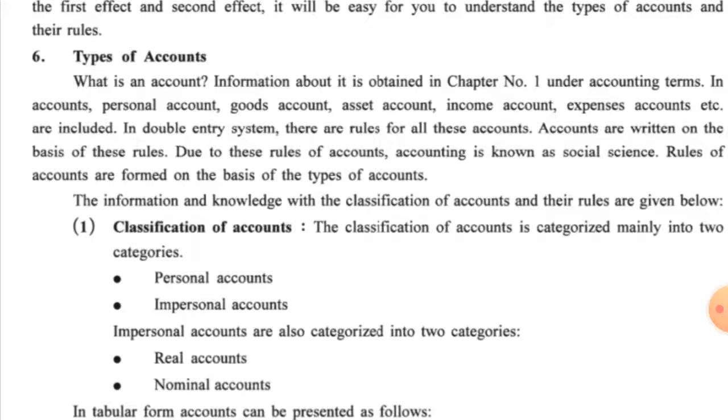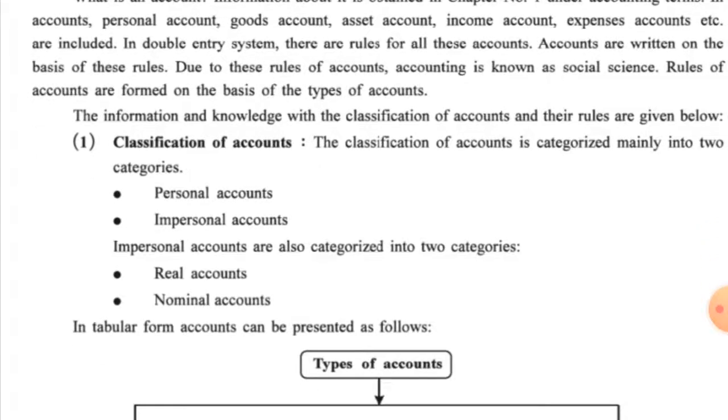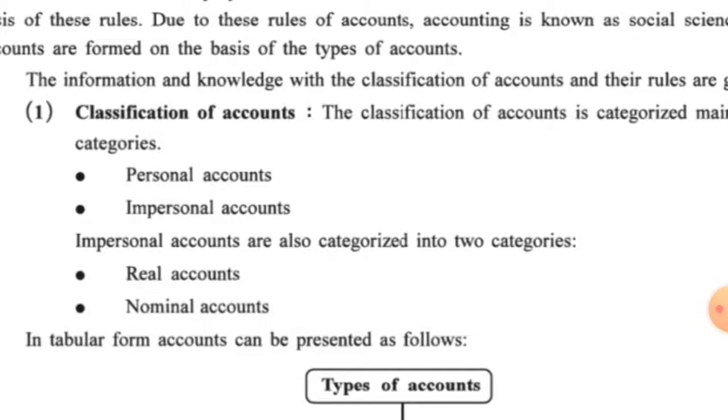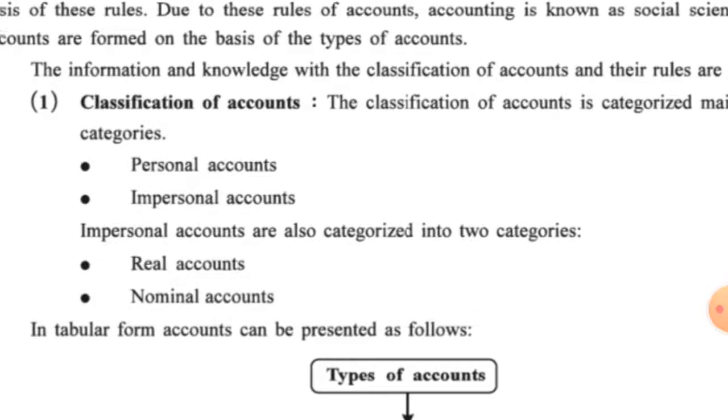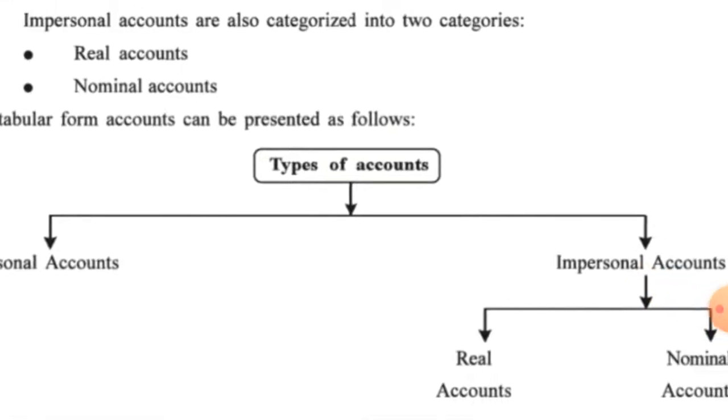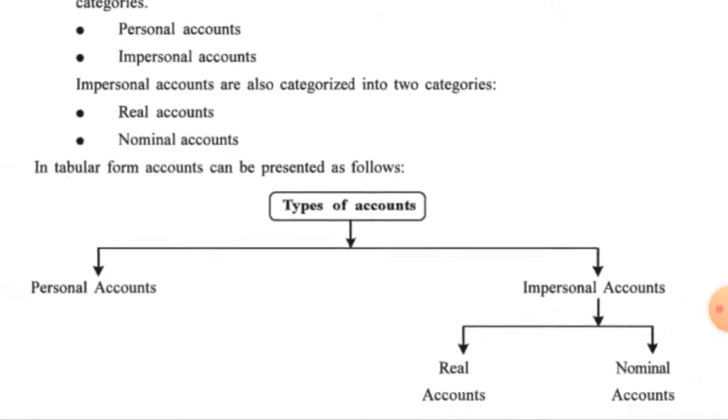Basically, the accounts are classified into two main categories, that is personal accounts and impersonal accounts. In case of impersonal accounts, again there are two parts, that is real accounts and nominal accounts. In tabular form it is explained in your textbook also, you can verify it.